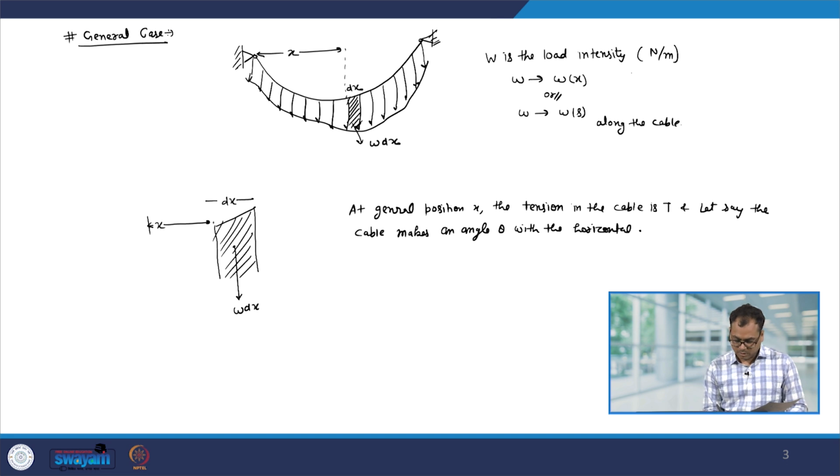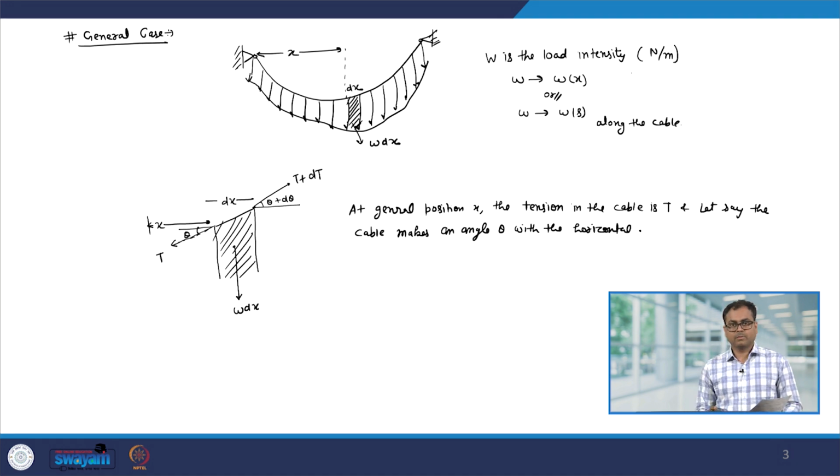So, therefore, over here it will make an angle theta, and at x plus dx, let us say the angle is theta plus d theta. Over here the tension in the cable is T, and here let us say the tension is T plus dT.